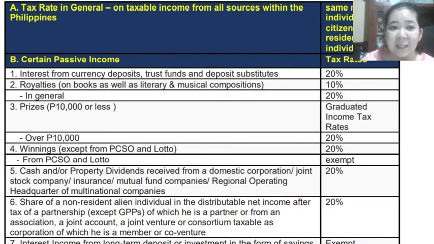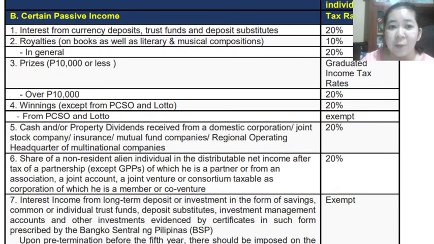For winnings, with the exception of PCSO and Lotto, these are exempt winnings. But if you win from other raffle draws, it will be taxed at a 20% final tax rate.